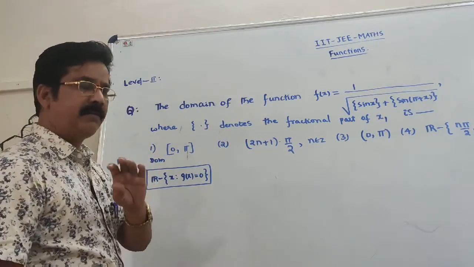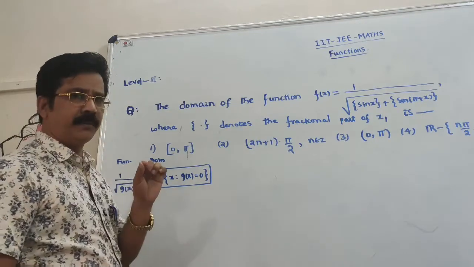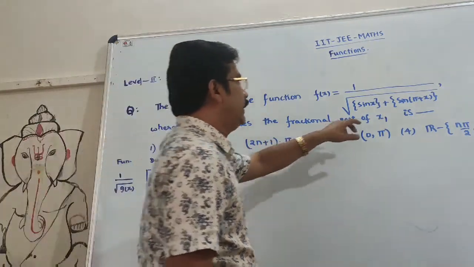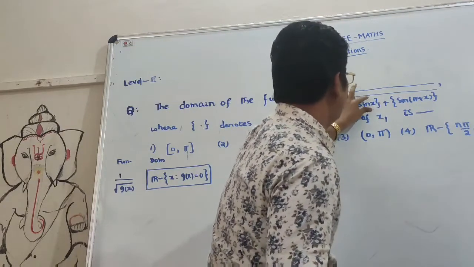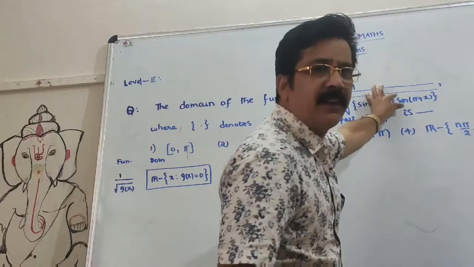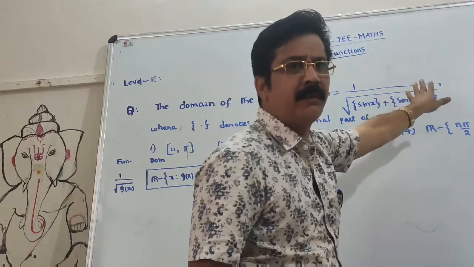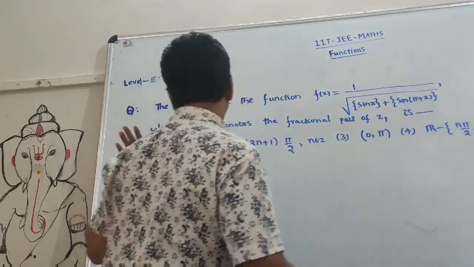So our aim is to find the values of x so that the fractional part of sin x plus the fractional part of sin of pi plus x equal to 0. It is our aim. Okay.